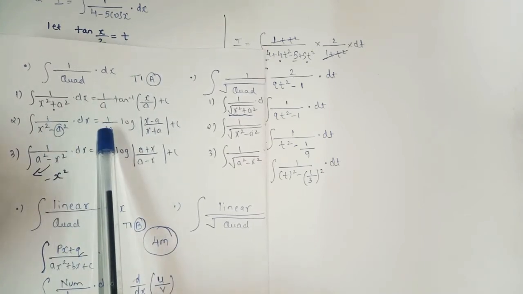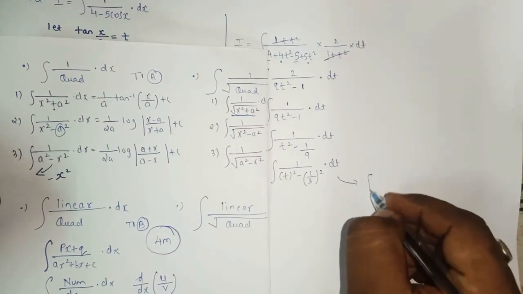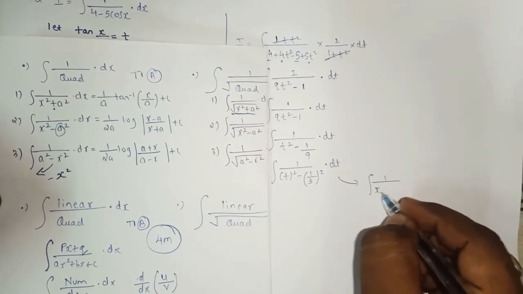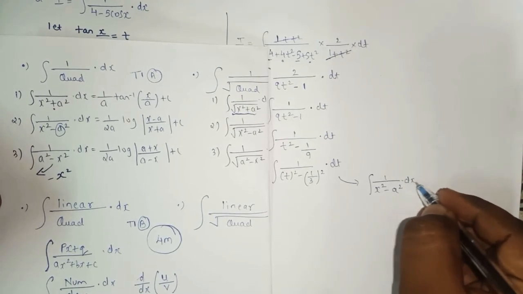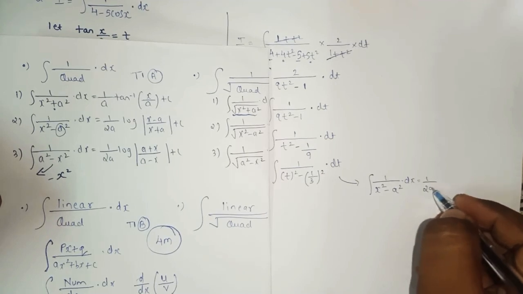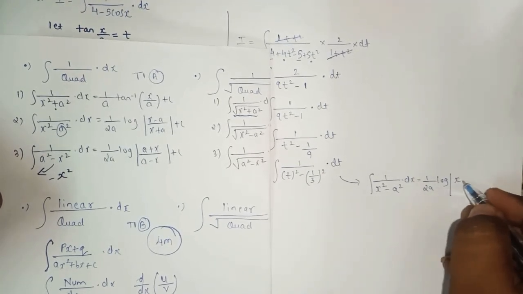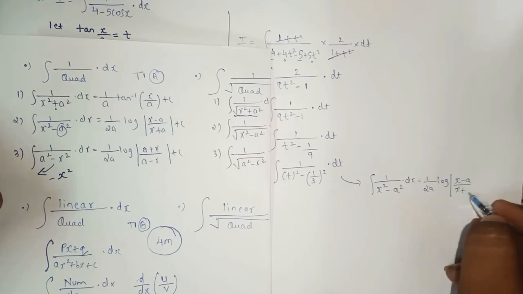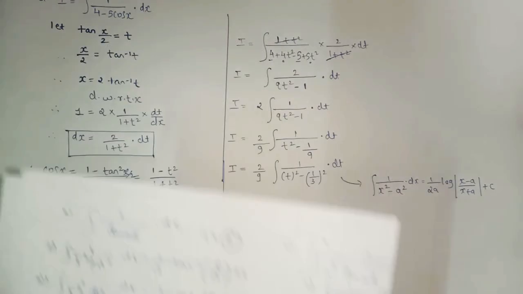So this format looks like integral 1 upon x square minus a square into dx is equals to 1 upon 2a log mod x minus a upon x plus a plus c. Yes or no? Got the point?